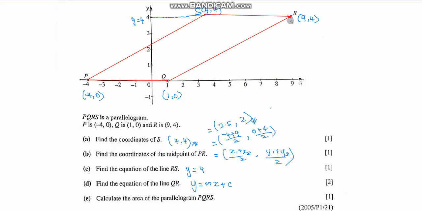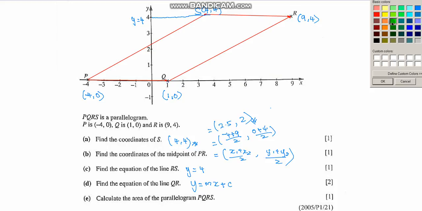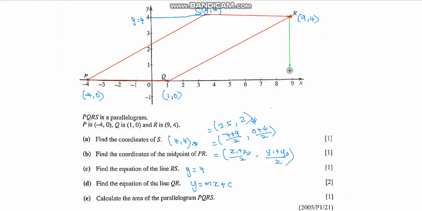M is defined. Let's take the gradient between Q and R. Okay, let's change the color. So this 9 here.